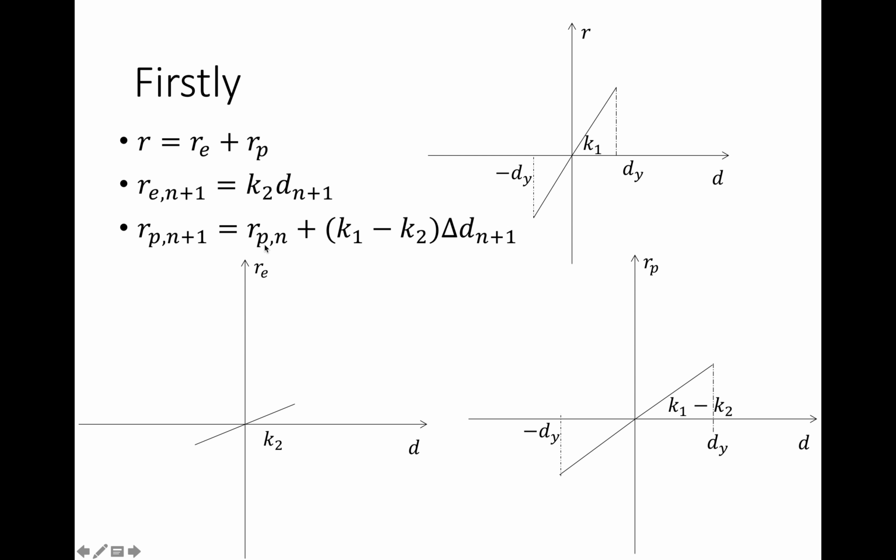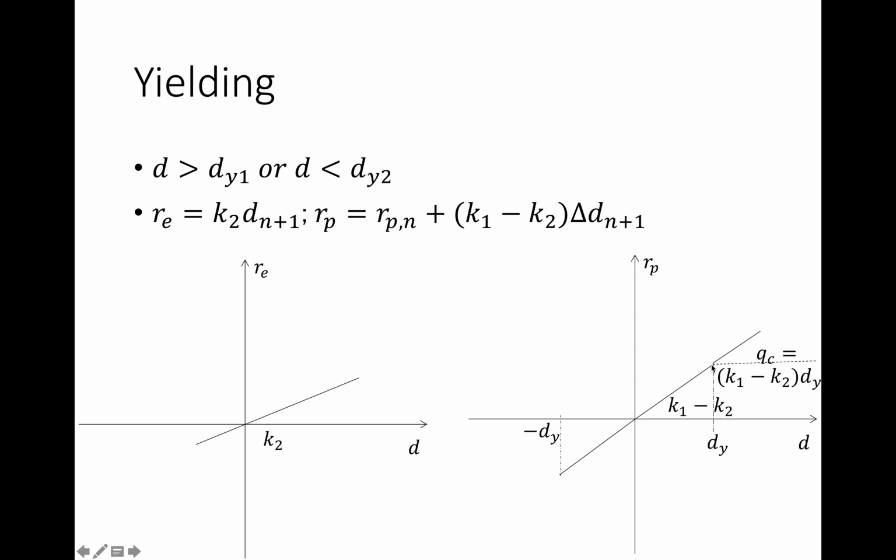For the plastic part, in the linear case, we calculate it as the last step's plastic force plus the increment of d n plus 1 multiplied by K1 minus K2, because we don't know what happened until the last time. So we firstly consider this step as linear and calculate it using the n step plus the increment of K1 minus K2 times the displacement increment.